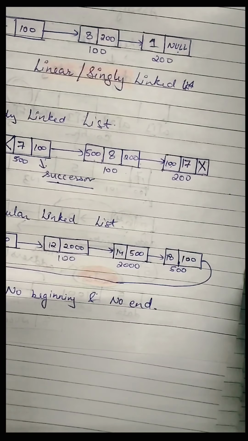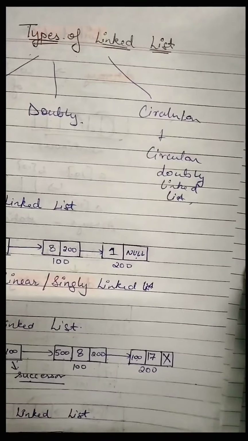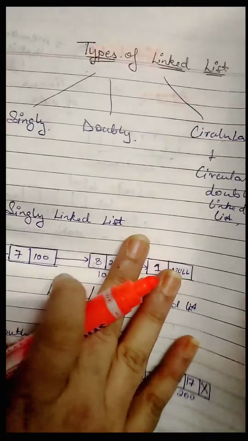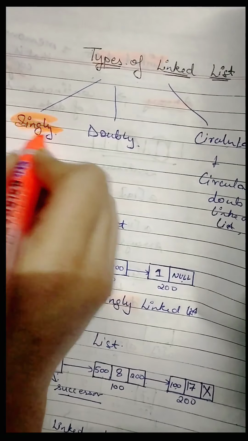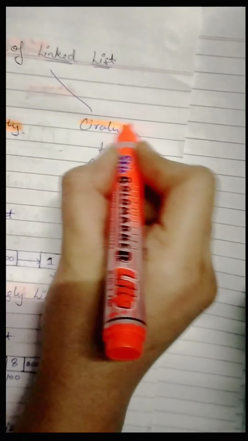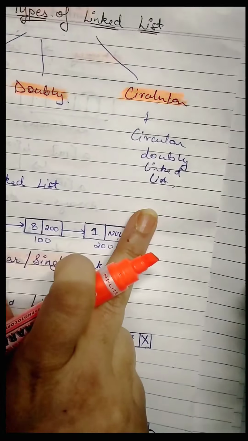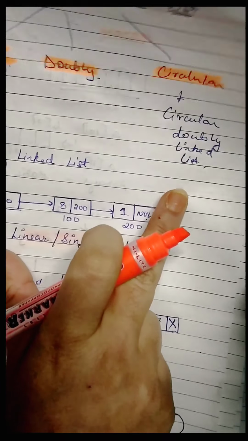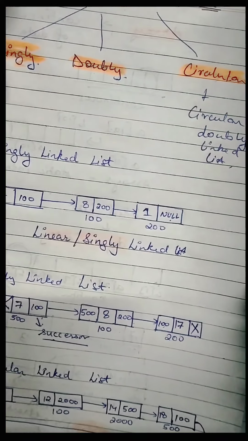So I hope it is clear for the linked list part and the types. So basically you have to remember the following points. Linked lists are of three types: your singly linked list, your doubly linked list, then your circular linked list. You also have circular doubly linked list where it will be in a double node manner. It will contain the node that will have a predecessor as well as a successor.